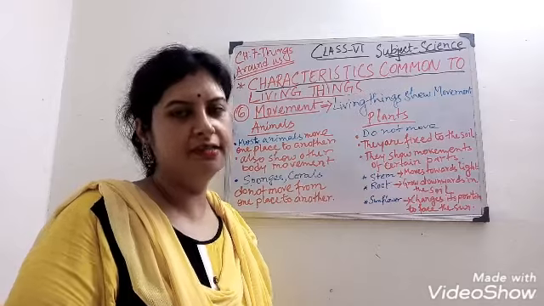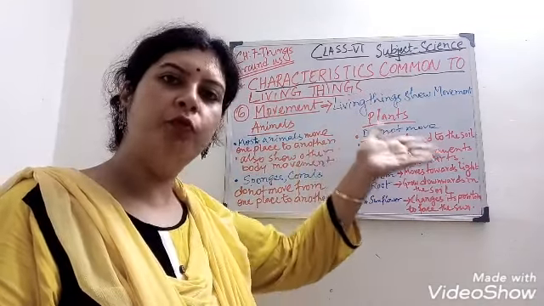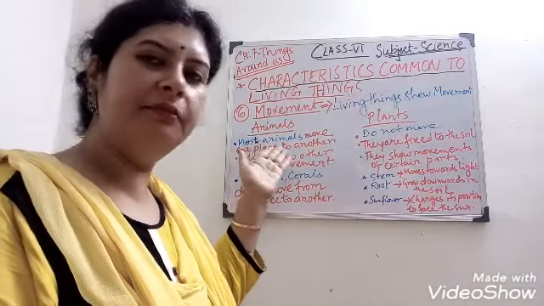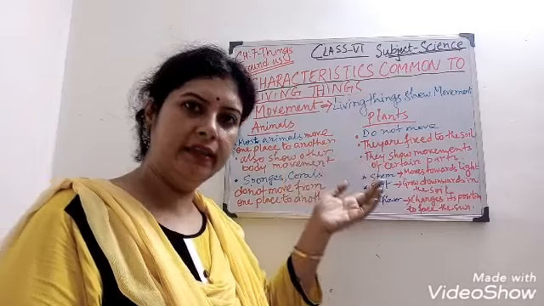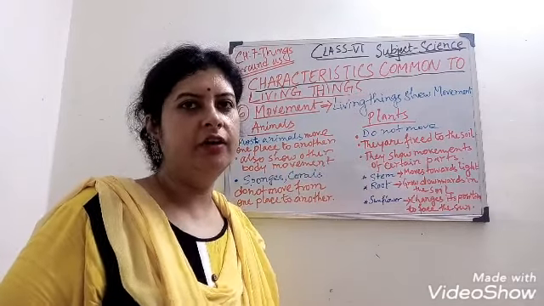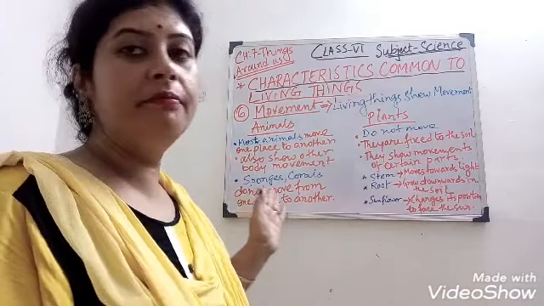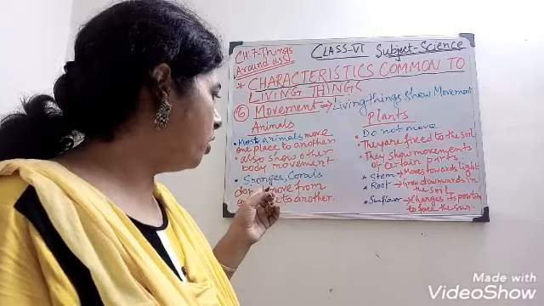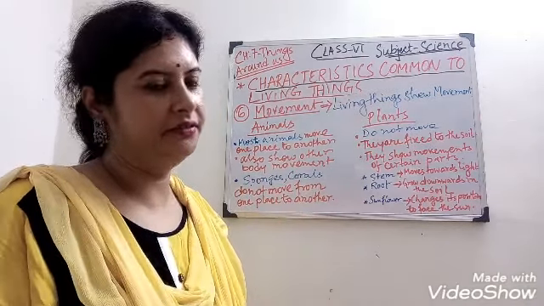Characteristic number 6, movement. All living things show movement. In case of animals, most animals move from one place to another in search of food, in search of shelter, or reproduction, etc. But some animals like sponge and corals do not move from one place to another.